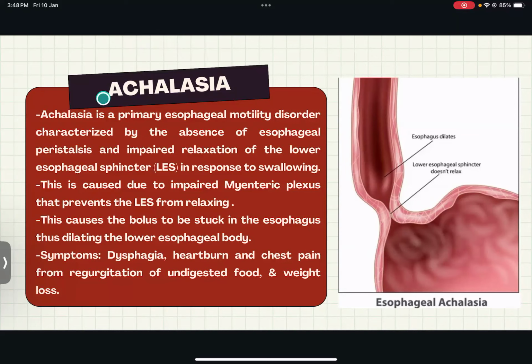The pain is most noticeable after meals and when lying down. I said that when we lie down, we prevent the role of gravity, so gastric acid reflux is more prone to happen, right? There's also a sour taste and hoarseness. These are more symptoms that come when we talk about this disease, but you guys have not mentioned them much in your lecture, but it's good to know.